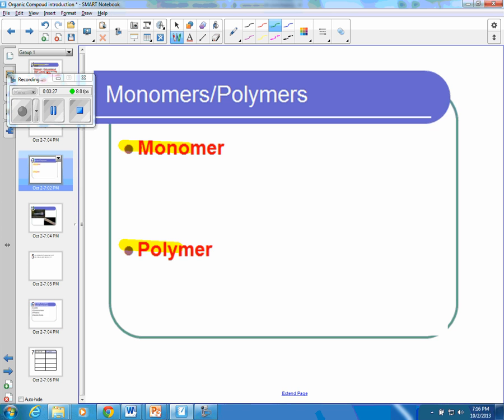Mono means one, and poly means many. Kind of like if I talk like this, I have a monotone voice. Okay? Monotone means one tone. Poly is like a polygon. It has many sides. Okay? So it has something to do with those prefixes.